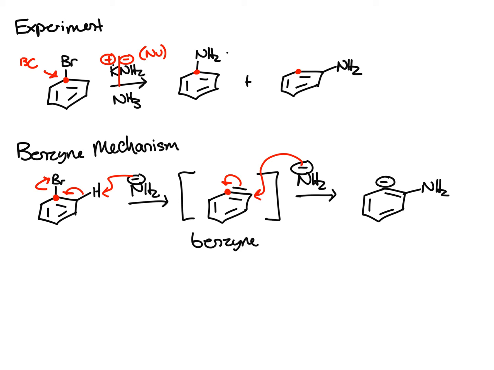We push these 2 pi electrons over onto this labeled carbon, giving us a negative charge there. Remember, we start here with a triple bond. We push 2 electrons over, so now we have a double bond with a negative charge. Now, this takes a proton from ammonia.